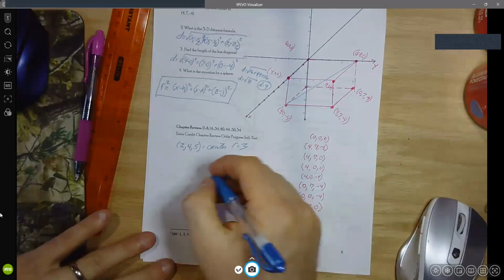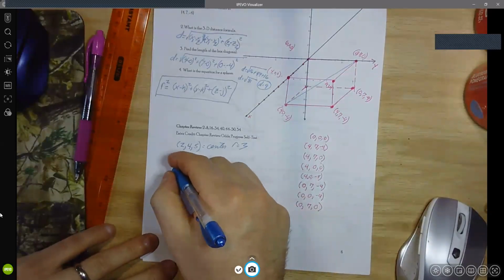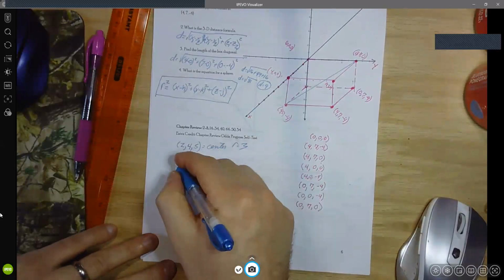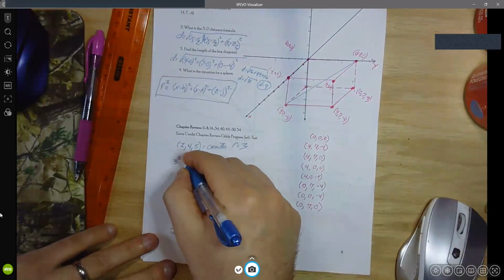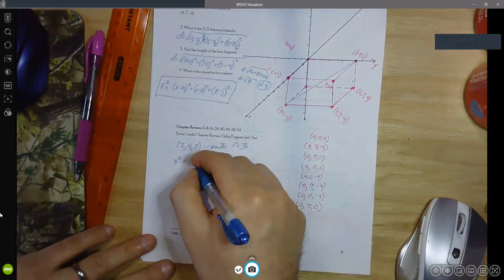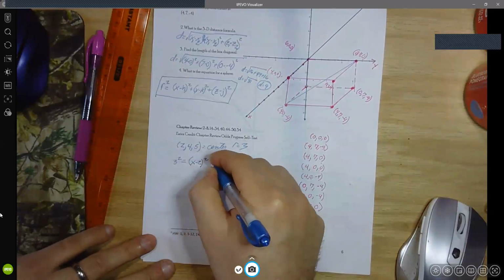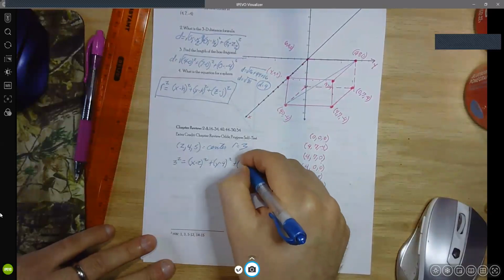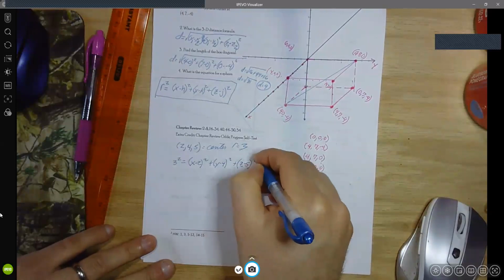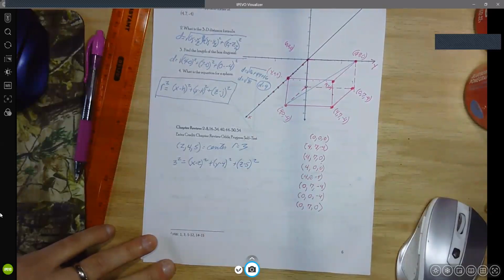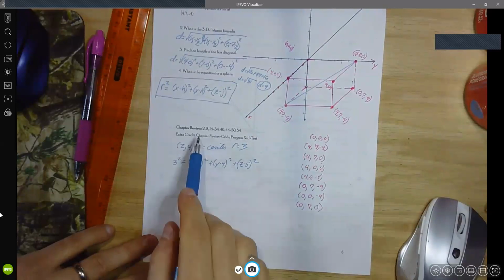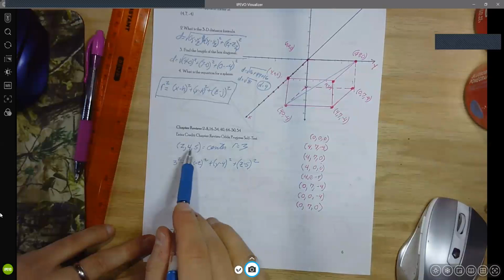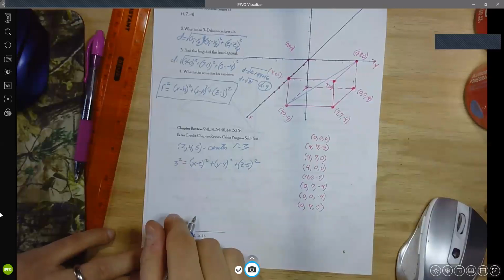So the first thing you're going to do is find the equation for the sphere. So you can hit pause and try to do this yourself, or you can watch me. So you get 3 squared equals x minus 2 squared plus y minus 4 squared plus z minus 5 squared. Okay, because this is my center, so this is h, this is k, this is j. It's a little trickier if we were to use negatives.